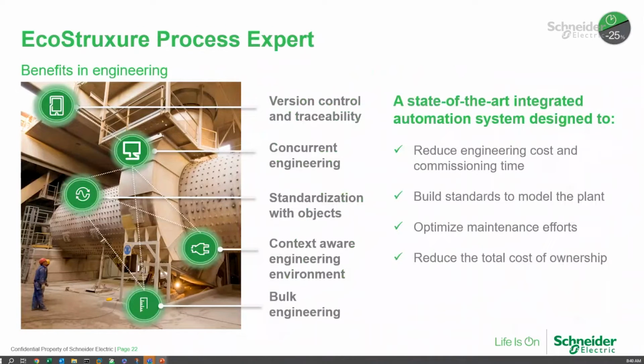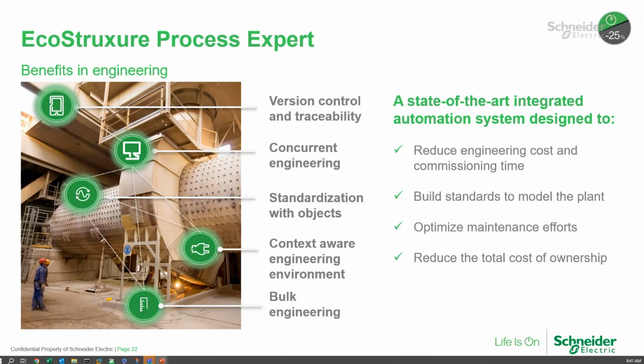All right, so there are lots of benefits in engineering here. So that version control and the traceability we talked about, the concurrent engineering, the ability for multiple people, 2, 8, 10, 20 engineers to be working on the system concurrently on different parts of it. We're very focused on standardization using object templates here, and we'll see how that works in a minute.